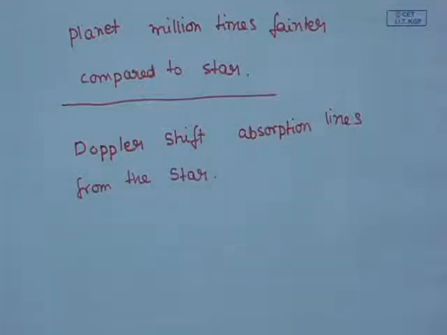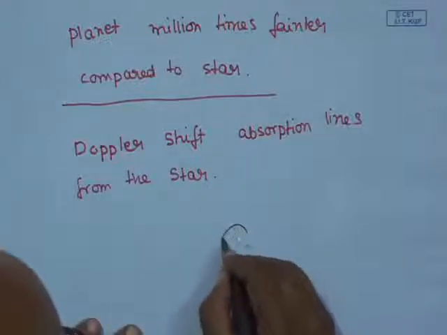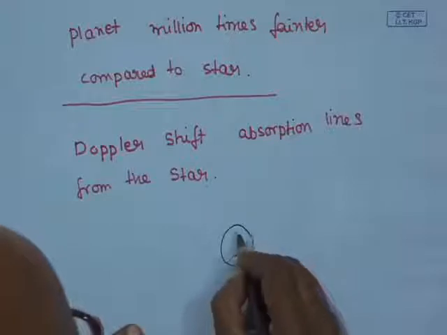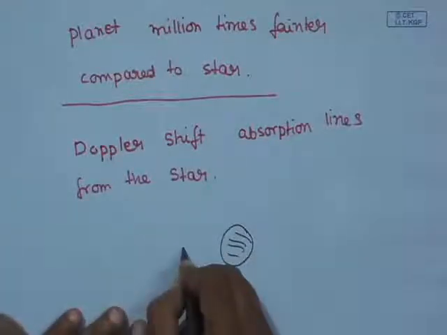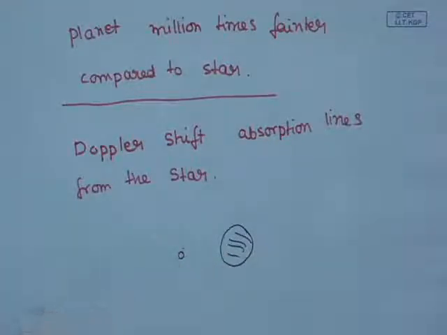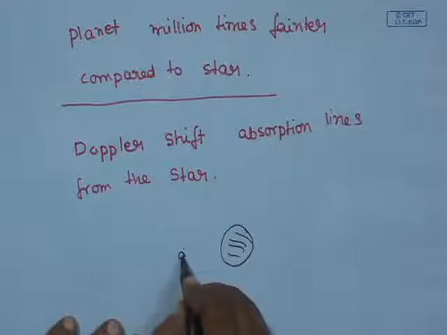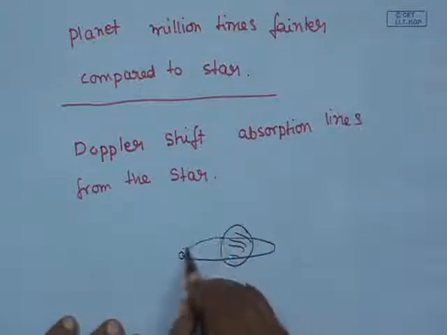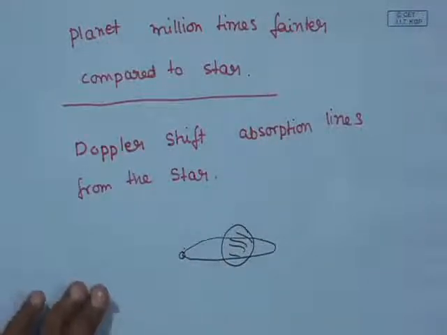The situation is that you have a star and you have a very small mass, which is the planet, in orbit around the star, and normally you would think that the star is fixed and the planet just goes around it, but as we have seen, both of them actually move around the center of mass.